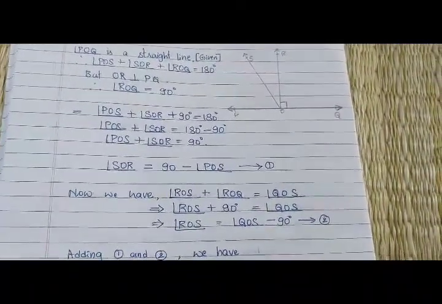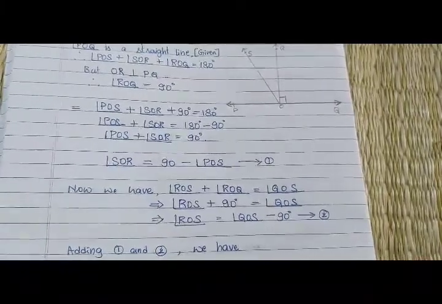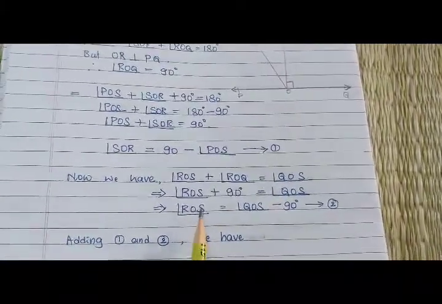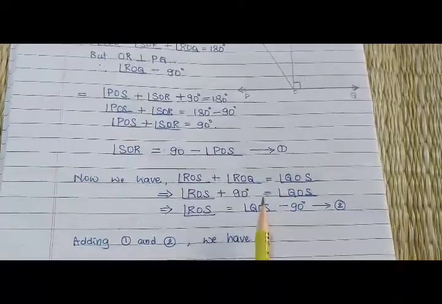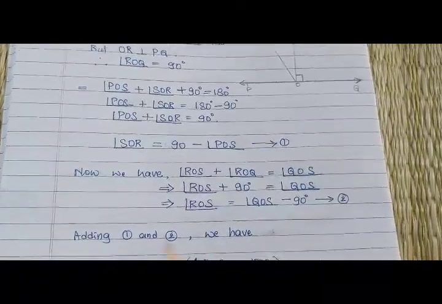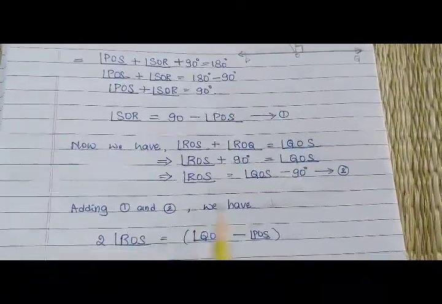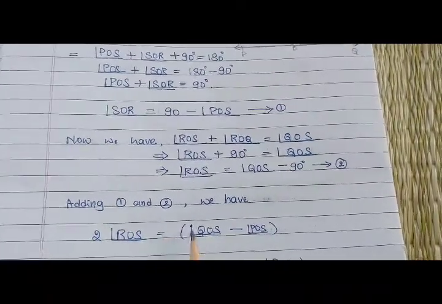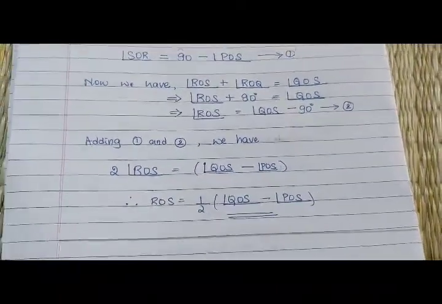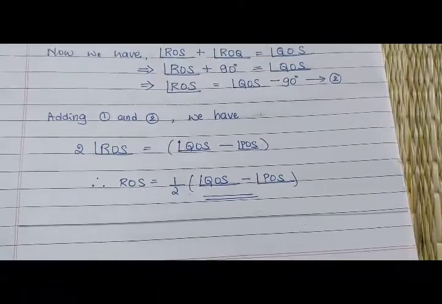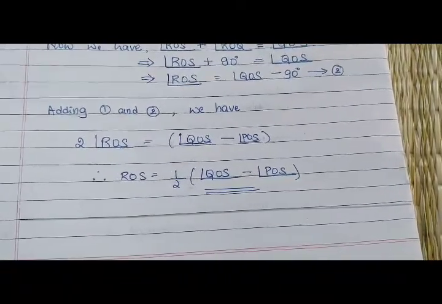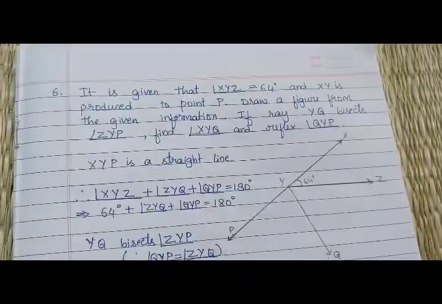ROS plus ROQ ಅಂದರೆ 90 ಡಿಗ್ರಿ ಇದೆ is equal to QOS. ನಾವಿಲ್ಲಿ ROSಗೆ ಕಂಡುಹಿಡಿತೀವಿ. It is equal to QOS minus 90, ಇದು equation 2. Adding 1 and 2, add ಮಾಡಿದ್ರೆ we get 2 ROS is equal to angle QOS minus angle POS. Therefore, ROS is equal to half angle QOS minus POS.